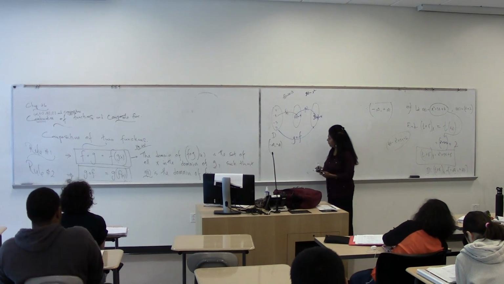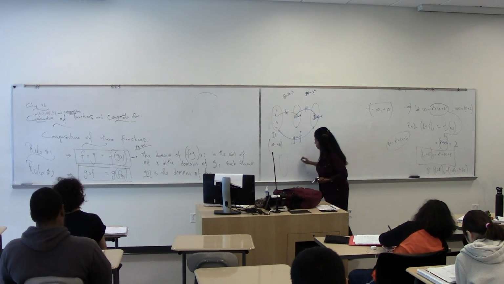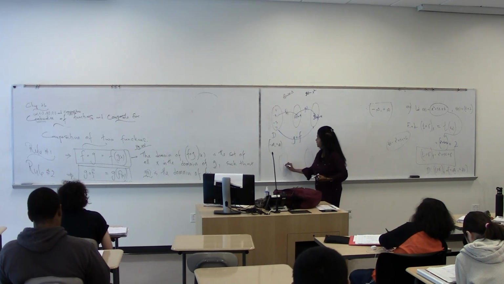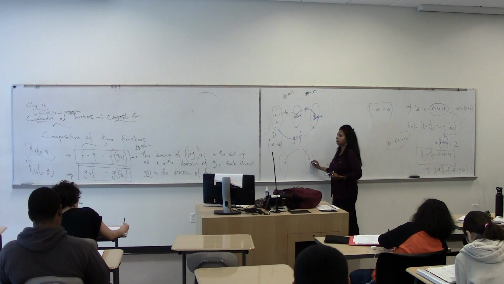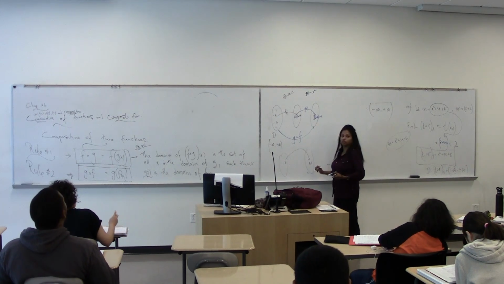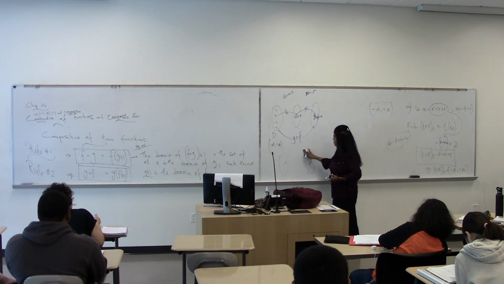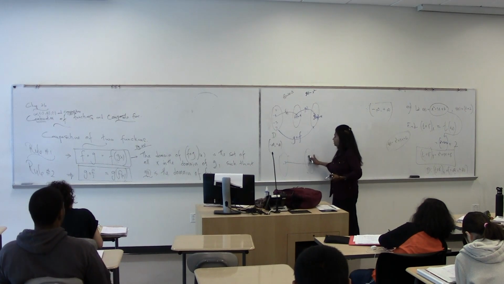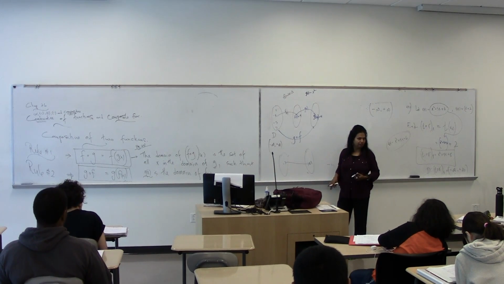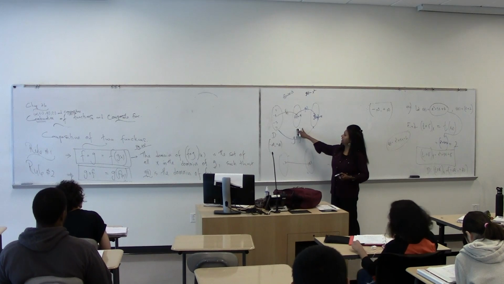In other words, if you take negative 3, it will map to what at the end? 81. Very good. So are we going through the middleman?